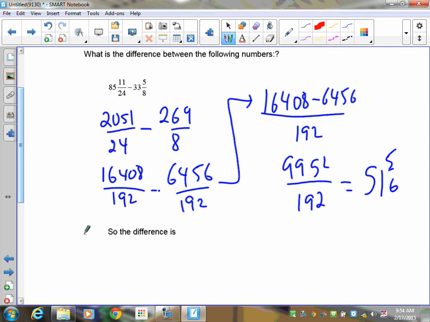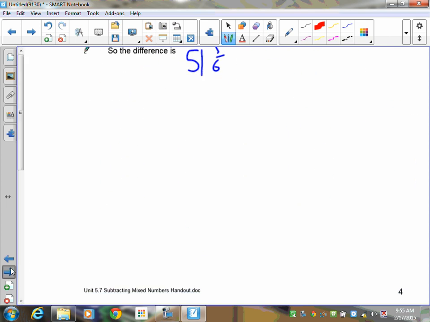Now, it's always wise to use your ABC button to go through and double check everything so that you know that the difference is going to be correct. Your answer should be 51 and 5/6. I've shown you how to use your ABC button in your class, so you should be able to double check that.